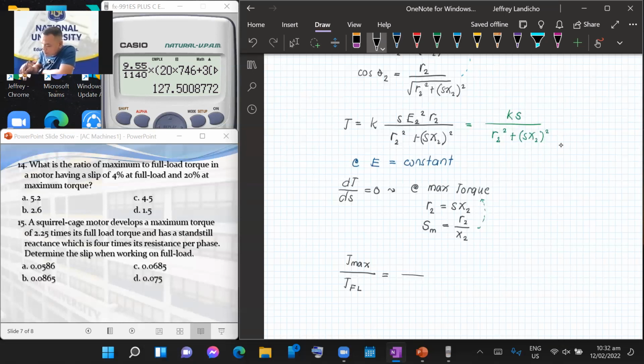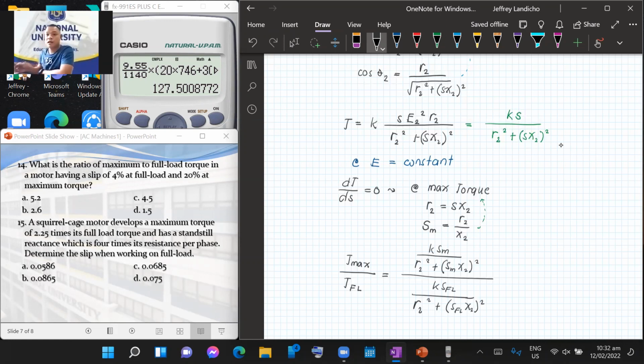So, in that equation, meron pang K S sub M over R2 squared plus S sub M X sub 2 squared. For full load, it should be K S at full load all over R2 squared plus S at full load X sub 2 squared.